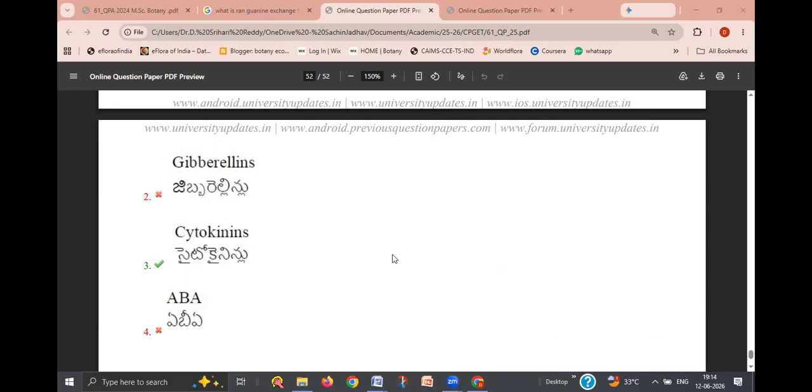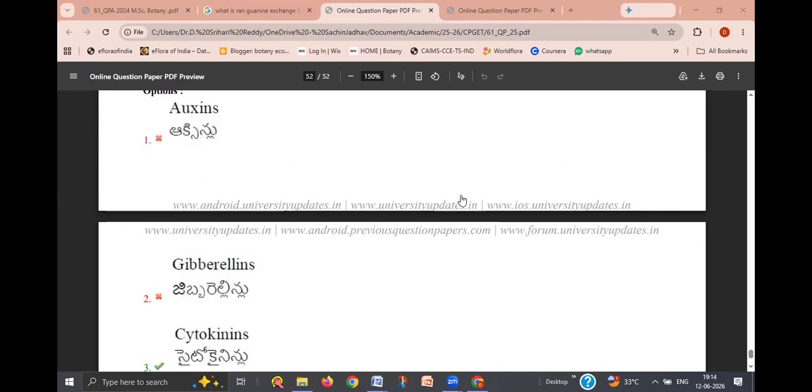Out of the four, abscisic acid is a growth inhibitor. There is no cell division. Abscisic acid is actually used as a switch off, anti-growth hormone. So we can remove that option.